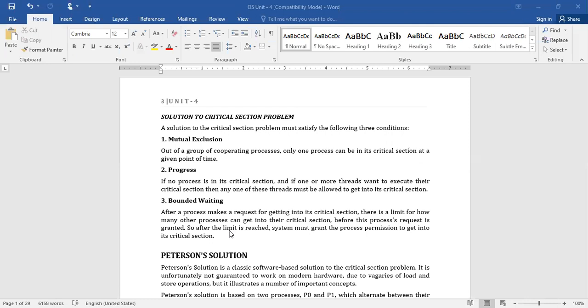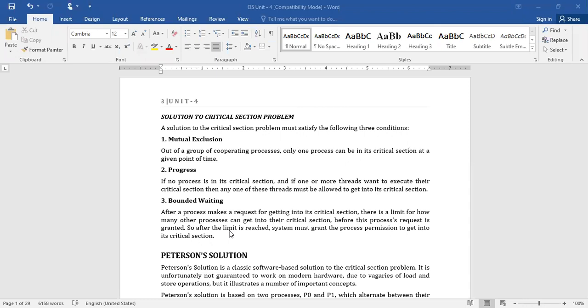Just like a queue, say a queue has 4 locations, and already the queue is filled. That means 4 processes are in the ready queue in order to get the critical section access.